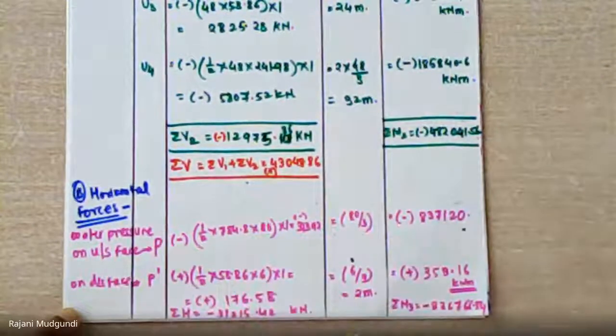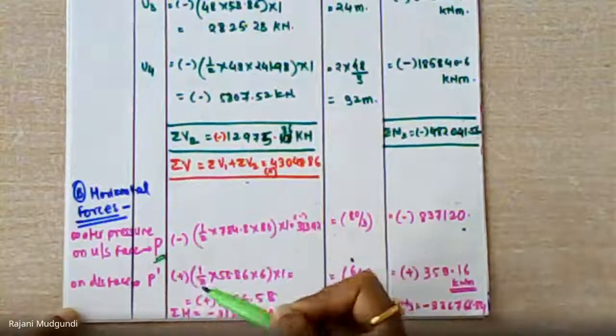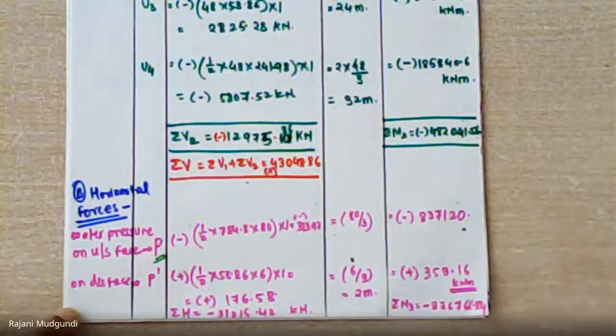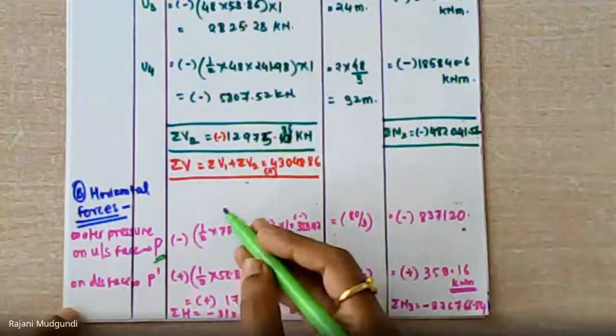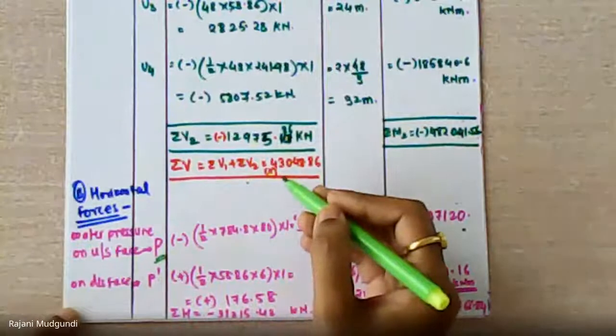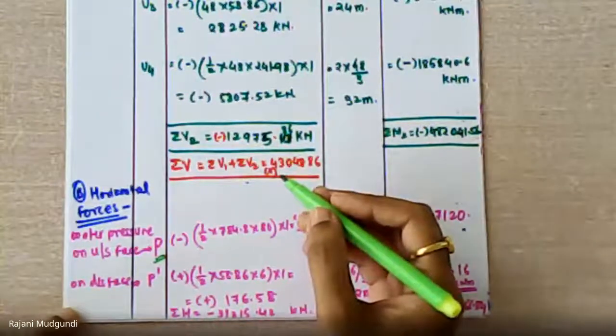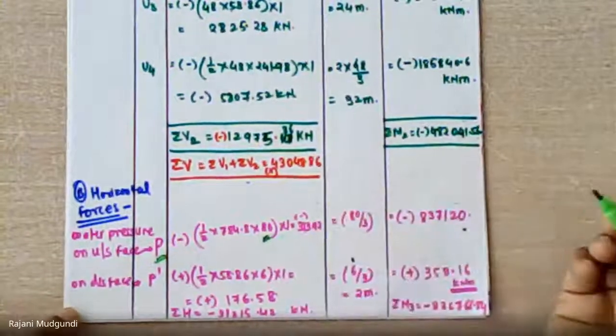The area of the pressure distribution diagram will directly give us the force of water, which will be exerting a horizontal thrust on the dam. So P is the area of the triangle, half base into height. Base is gamma W into H. Height is the total height on the upstream side up to which water is stored. That height is 80 meters.